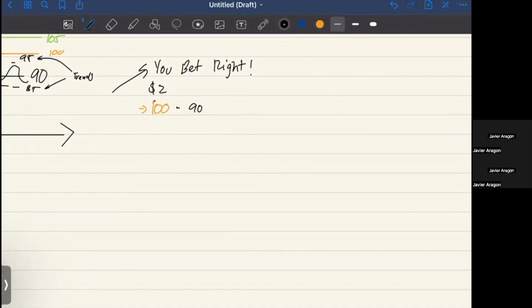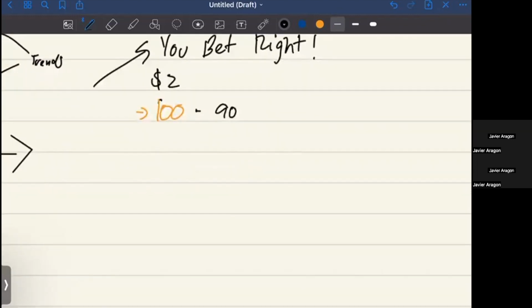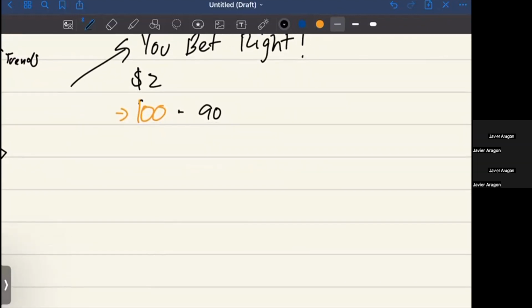But the thing about covered calls is you're assuring yourself money by the bet, by the premium. So you make yourself $2 per stock, a $12 profit if you decide to sell at 100.